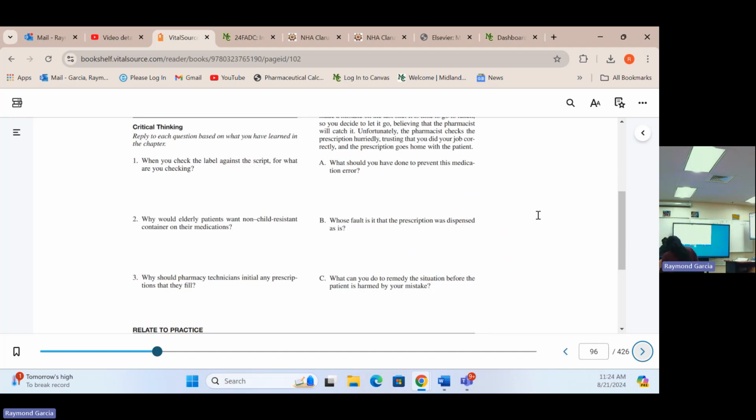If they put it in their eye or ears, instill 3 drops in left eye every day. So make sure that the route of administration is correct. The amount, the directions for use, SIG, also the correct patient name, correct date written, the refills authorized, quantity dispensed, day supply.